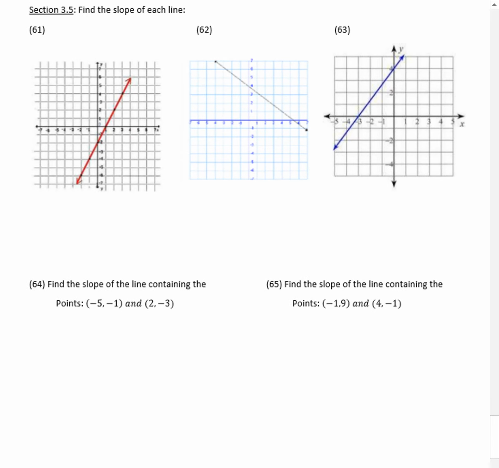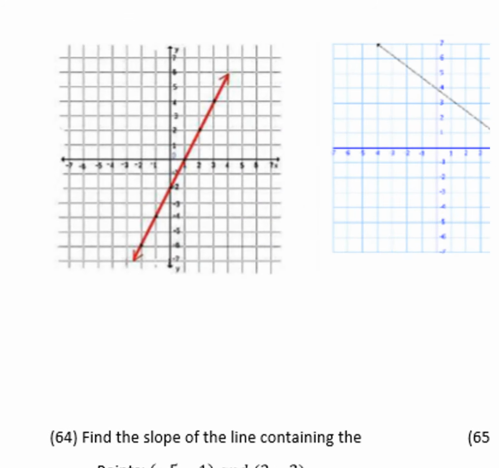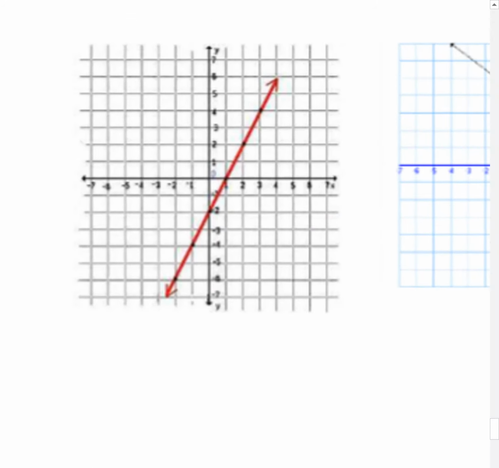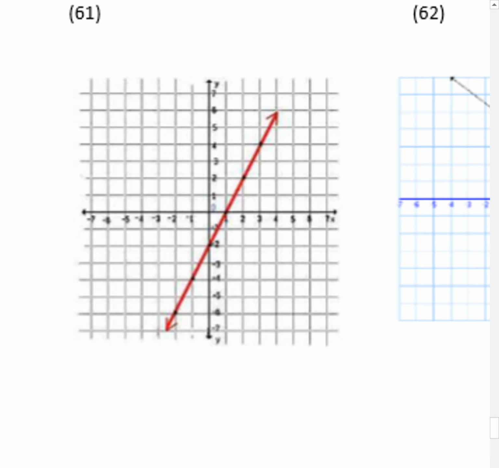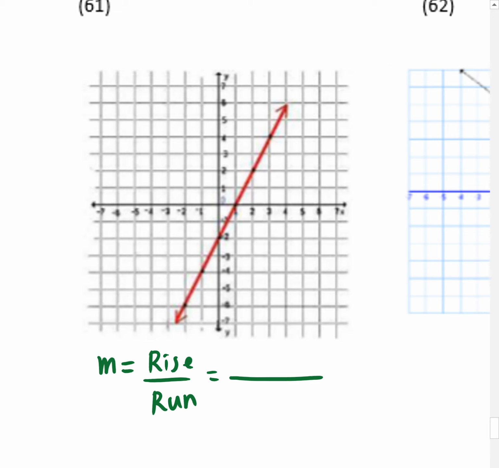So these problems in the next section are actually kind of similar. We're given a line. For example, if I focus on number 61, we're given a line and have to figure out what the slope is. So remember, slope is rise over run. We saw that in this section. What I do is focus on 2 points and figure out how far you rose from one point to the other, and then how far you ran.